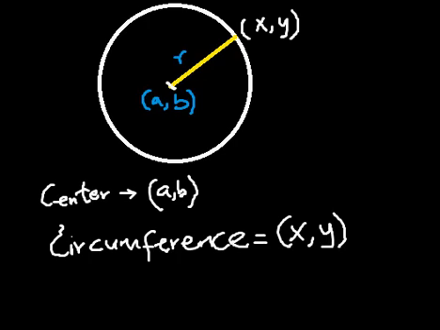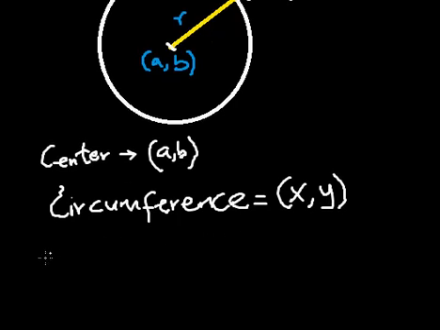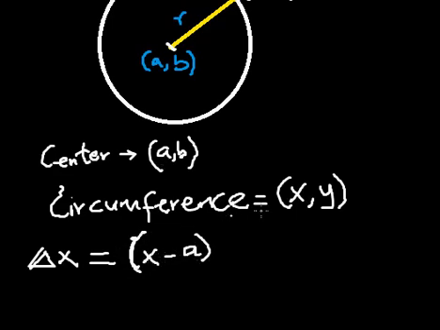So if I want to do the increment in x, we've done that before, right? The increment in x definitely is going to be the final x minus the original x, x2 minus x1, and the increment in y, the same goes, that's going to be y minus b.